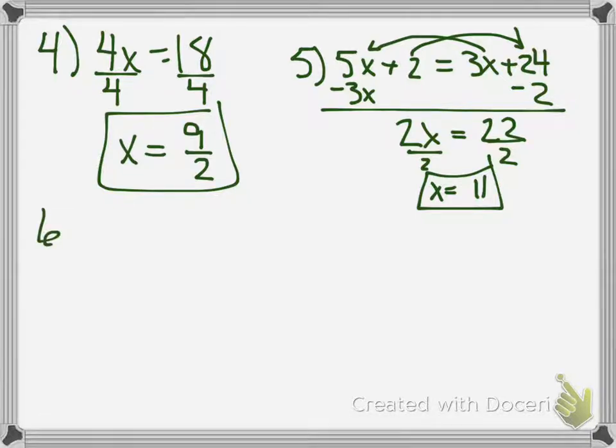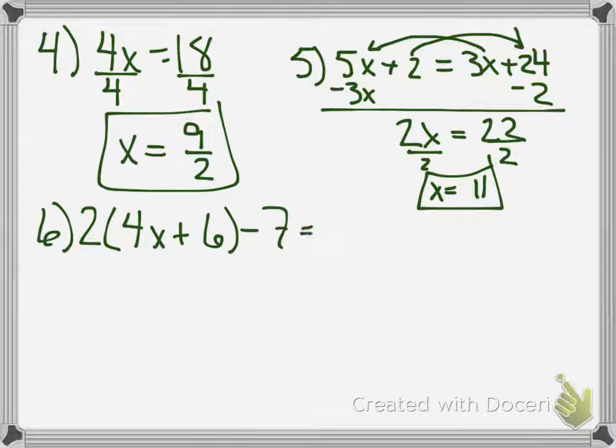Number 6, there's quite a few steps here, but I'm going to squeeze number 6 in here because number 7 and number 8 need a lot more space on the next slide. I need to think: distribute, combine like terms, add or subtract, and then you can divide. So distribute, that gives me 2 times 4 is 8x. 2 times 6 is 12.